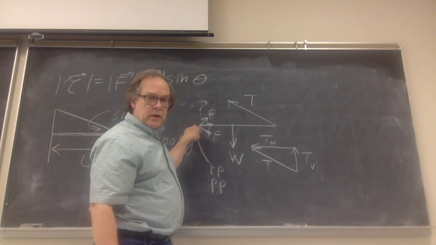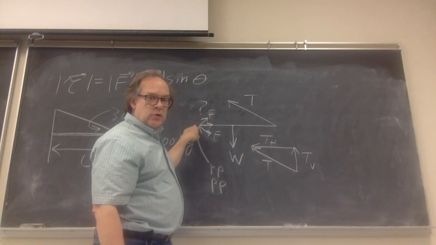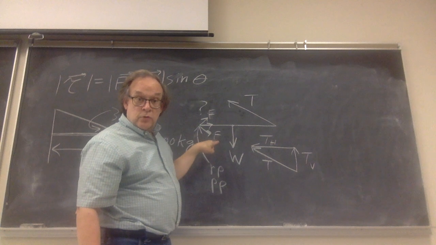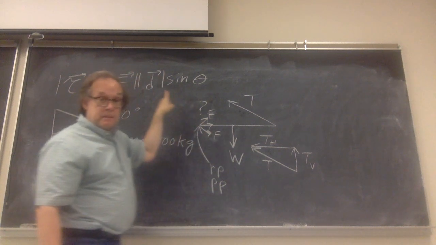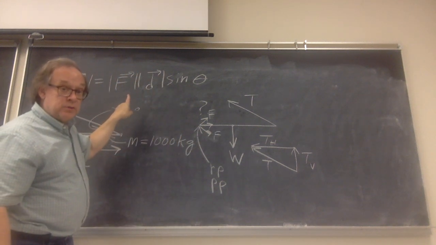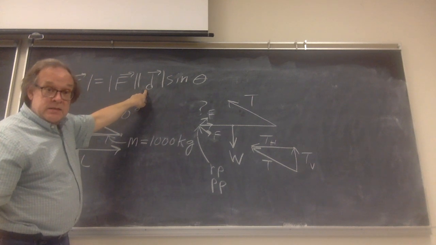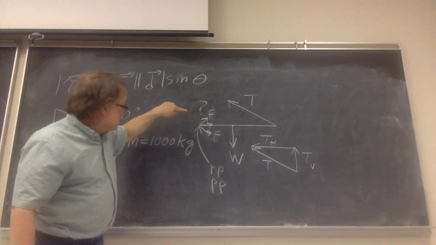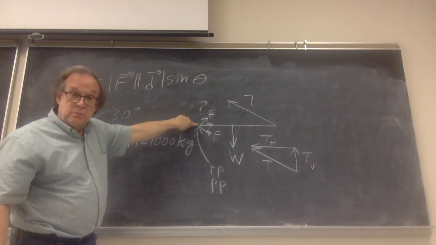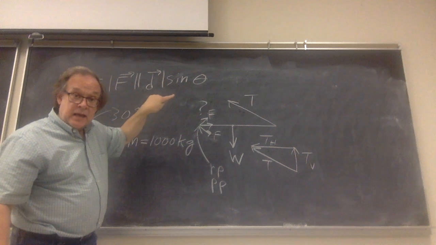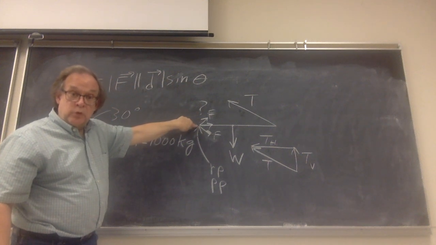Why do I put it right there? Because when we figure out the torque due to this force from the wall, go back to the basic torque equation, one factor is always the size of the displacement vector that starts at the pivot point and ends at the point where the force is applied.